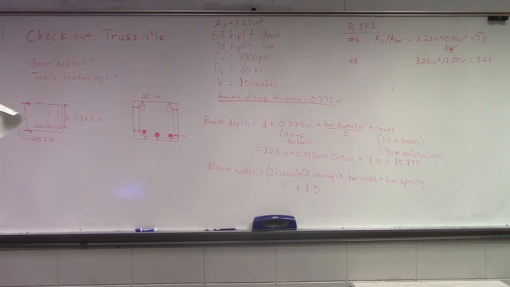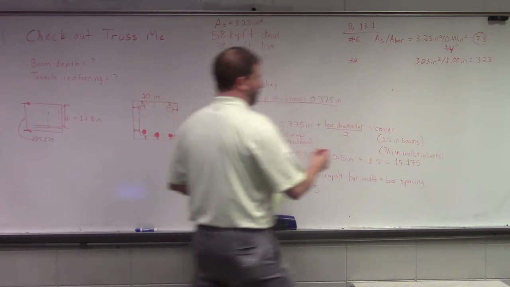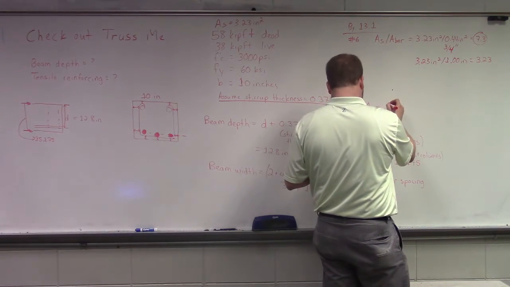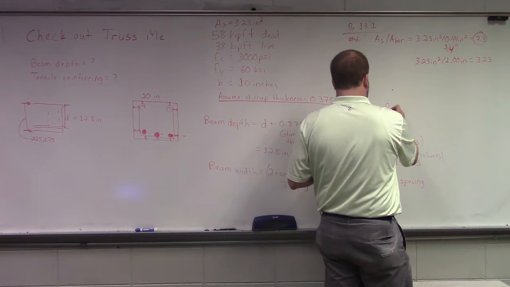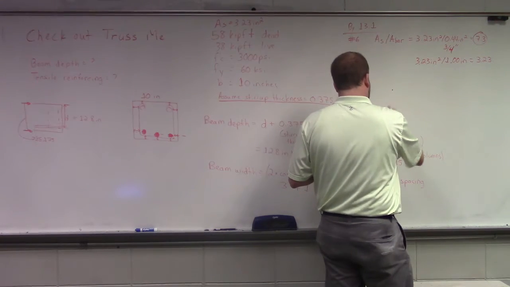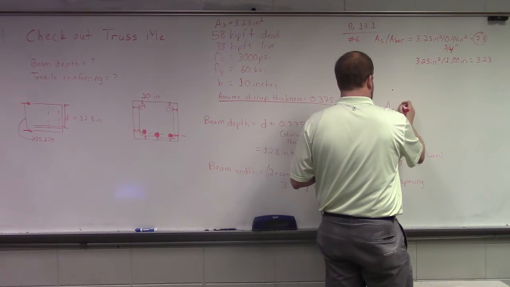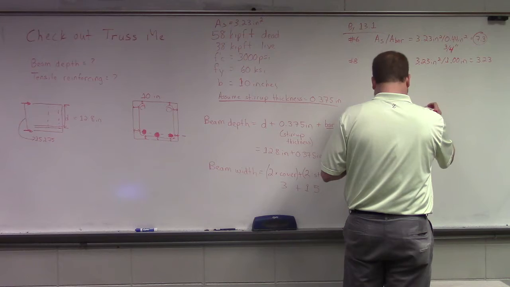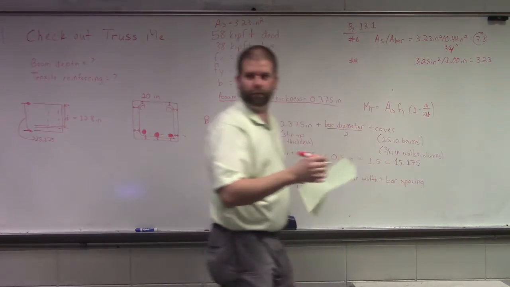Remember that we're looking at an instance of bending, so we use the moment equation for it. Remember that the moment of tension equaled AS times FY times (1 minus A over 2D). It's a problem that's taken over a week to do.